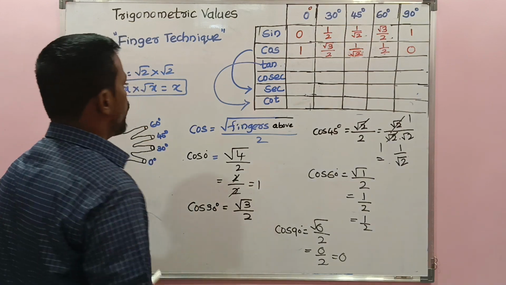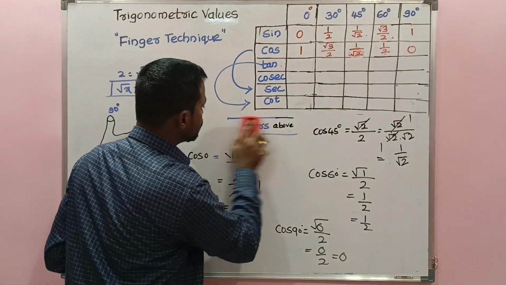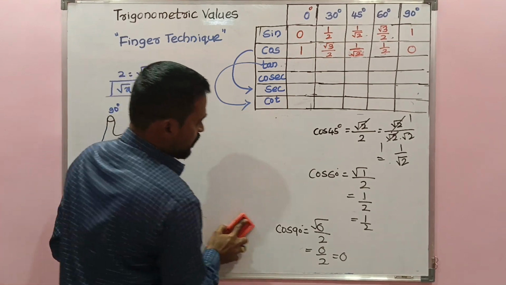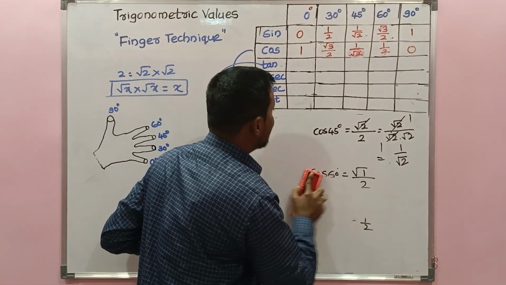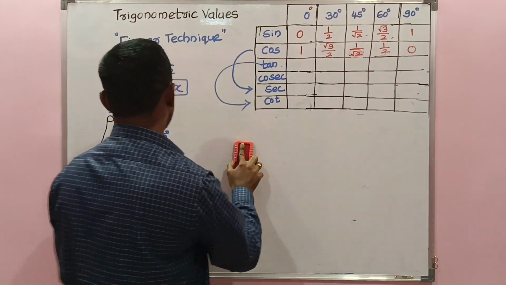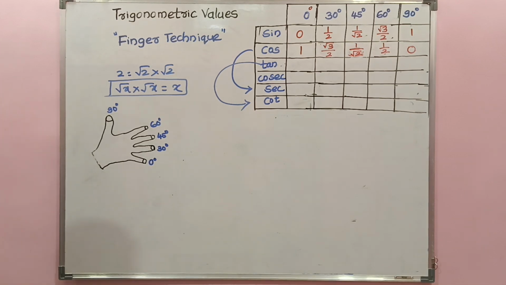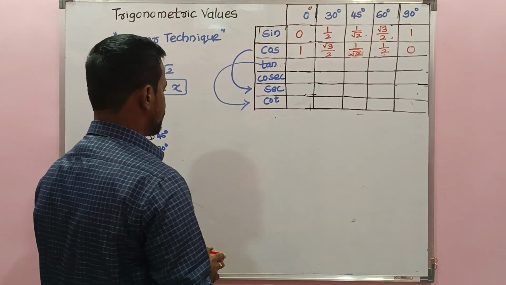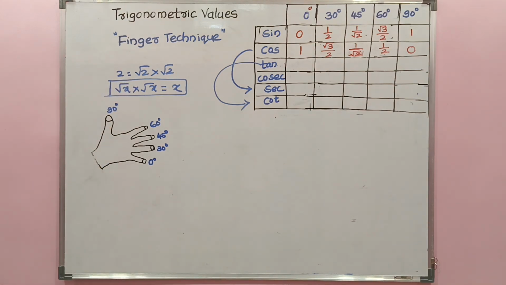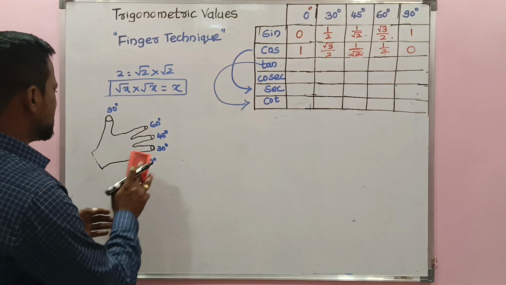Now let us try to find tan theta values, trigonometric values. So for this, I need to change this a little.